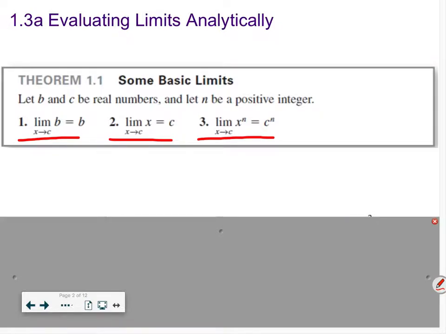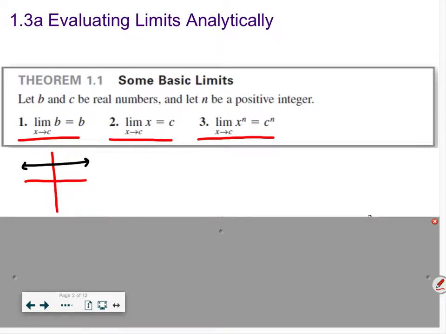Let's talk about why we have these rules. B is a number. B is actually a function. So if we have f of x equals a number, what does that graph look like? What kind of line, Eli? This is what we have going on.